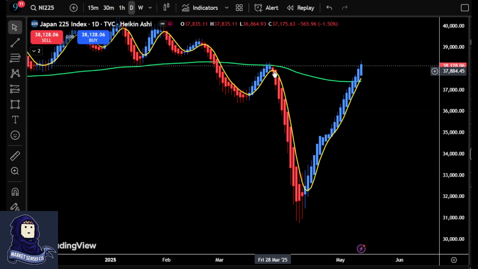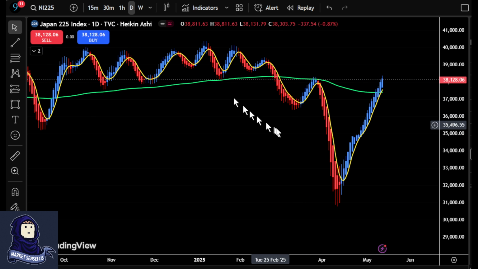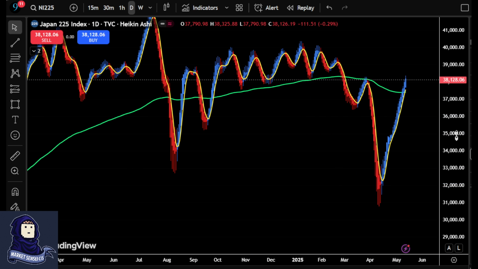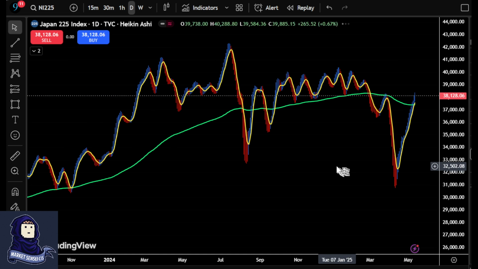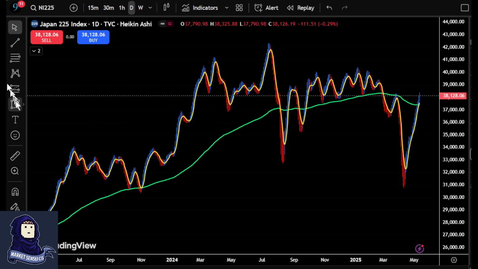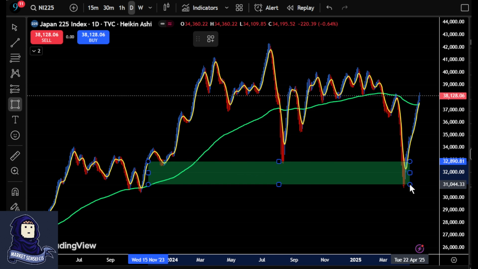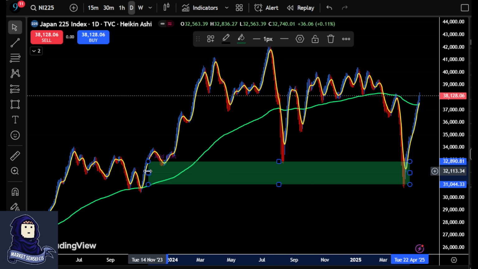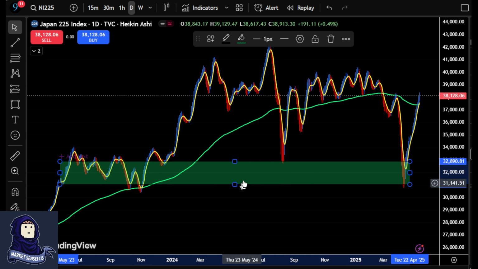So the most ideal kind of trade is to wait for the momentum to slow down, especially when it is at an important support area. It's like this kind. That's why, whenever I said we need to check out where the support areas are, somewhere around here, I think it should be it.